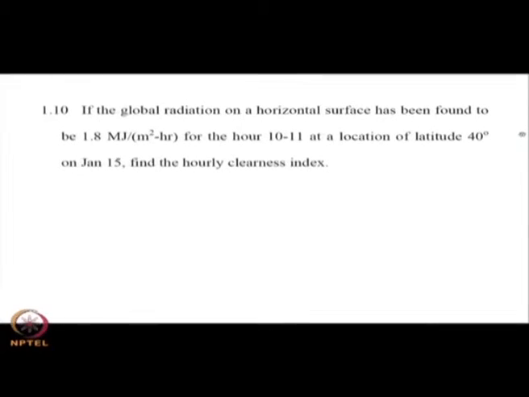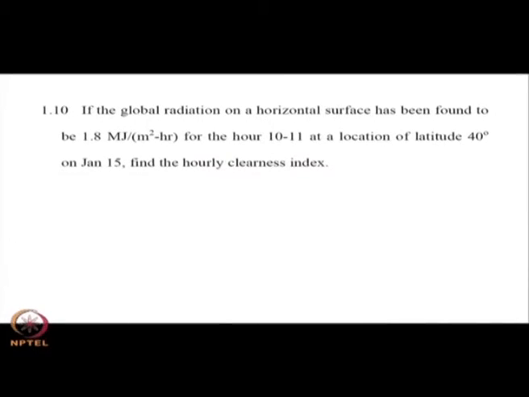So, now we go to the next problem 1.10. If the global radiation on a horizontal surface has been found to be 1.8 megajoules per meter square hour for the hour 10 to 11 at a location of latitude 40 degrees on January 15, find the hourly clearness index. Like I was mentioning, this problem has been modified to take care of the hourly factor rather than the daily.